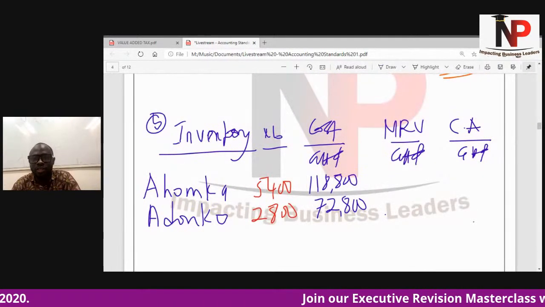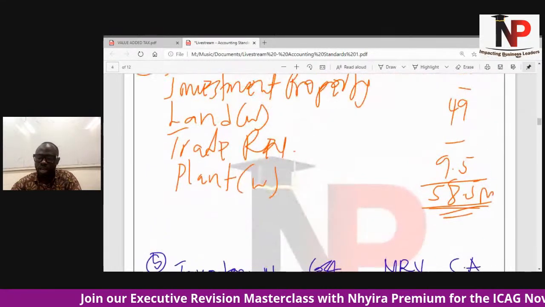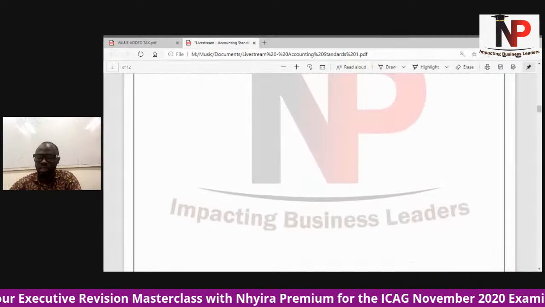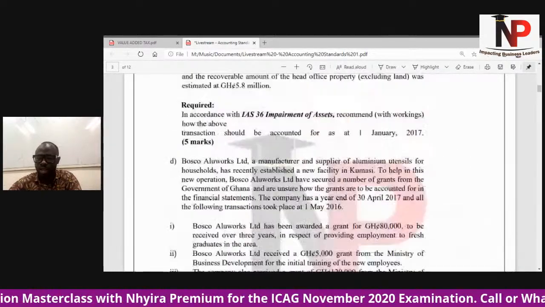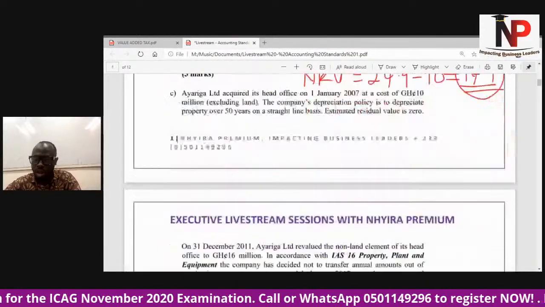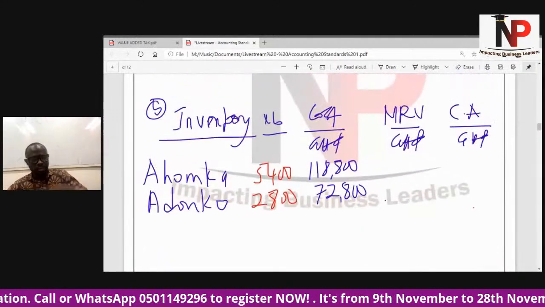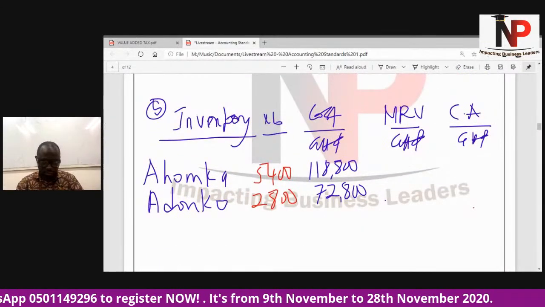So that is the current cost now of these inventories respectively. Then we go to the net realizable values respectively as we computed above there. 24.9 for Ahomka. So we're going to pick 24.9 times 5,400.